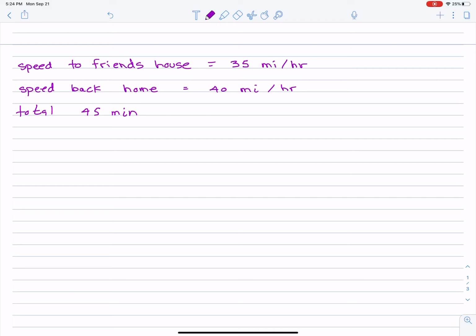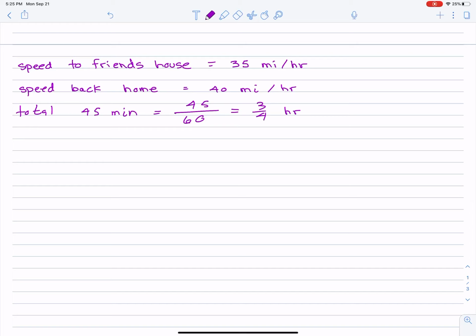If it takes her 45 minutes, and there's 60 minutes in an hour, then it takes her 3/4 of an hour. The total traveling time is 3/4 of an hour.